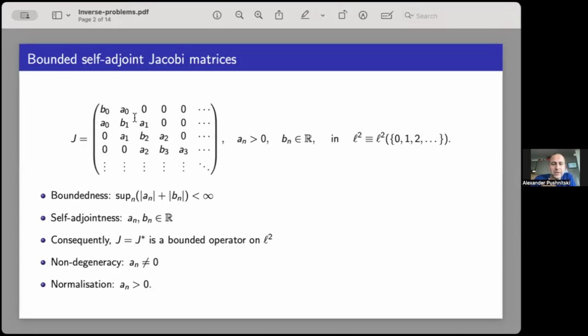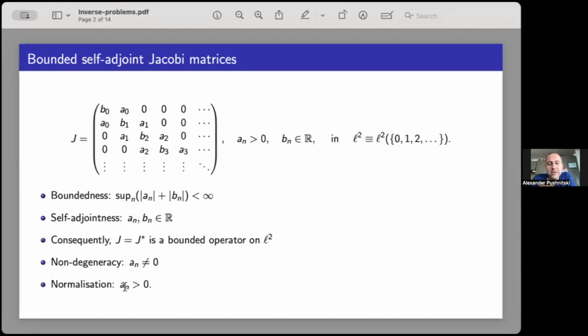Then our matrix splits into two blocks: the top left 2 by 2 matrix, and then it's an orthogonal sum with everything else. We don't want to allow this splitting. We want everything to be linked, and therefore we want the off-diagonal terms to be non-zero. That's non-degeneracy.